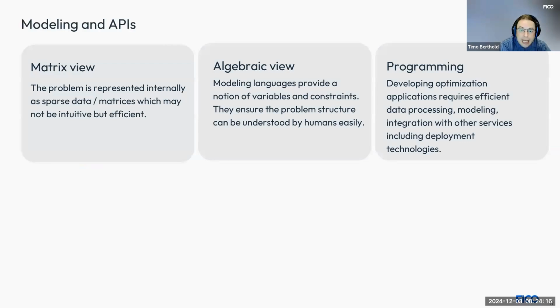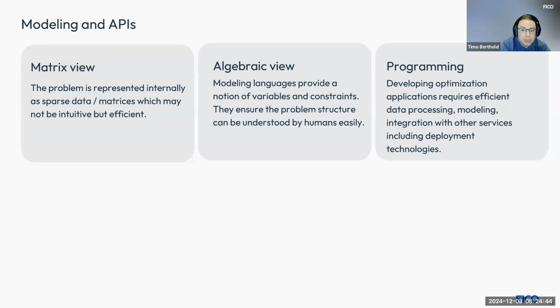The design of the augmented solver API addresses the dual ways that optimization problems can be represented. There's on the one hand the matrix view with row and column indices, working with arrays. And then there's the algebraic view of the model, which focuses on the semantics of the problems, with constraint classes, variable types, object orientation, and so on.